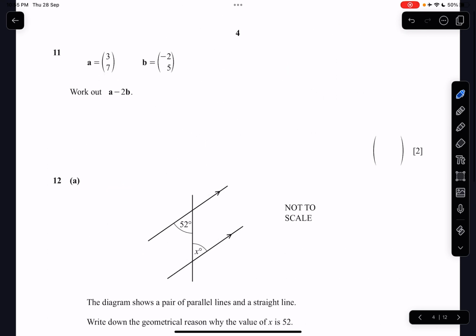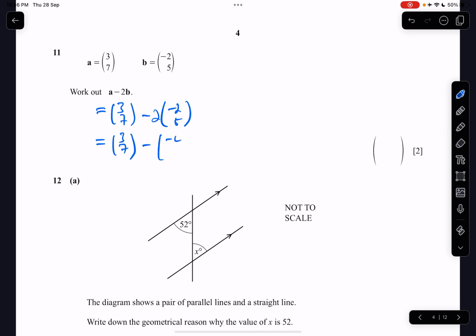Okay, the next question. So this is a vector problem. We have a minus 2b. We know that a is (3, 7) and b is (-2, 5). So maybe the first step, we multiply the 2 in, and let's keep it as a minus sign.